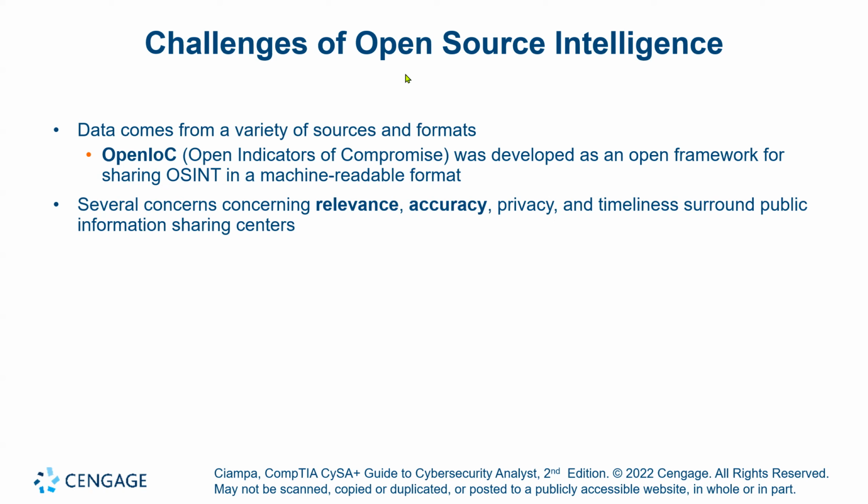It's because they are trying to limit their chance of getting sued. So a lot of times they are reticent to reveal certain things, and that can cause problems with open source intelligence.